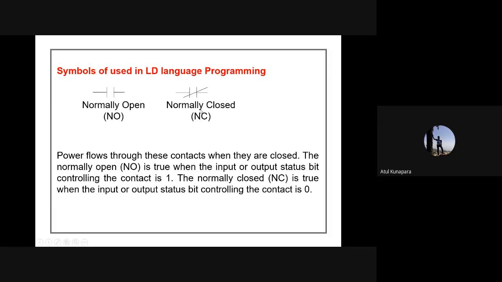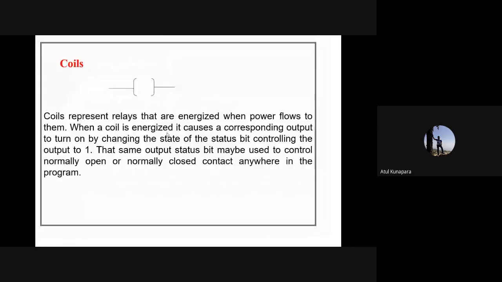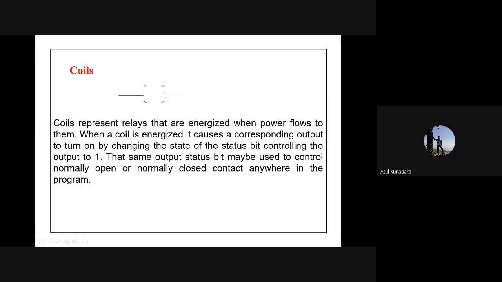So these are the two symbols we use for representing the contacts of the relay. Then the coil of the relay is represented with the help of this symbol. This coil is energized based on the condition of your input contacts. If the contact is in the on condition, then your coil will get supply, and we call it the coil energized condition.